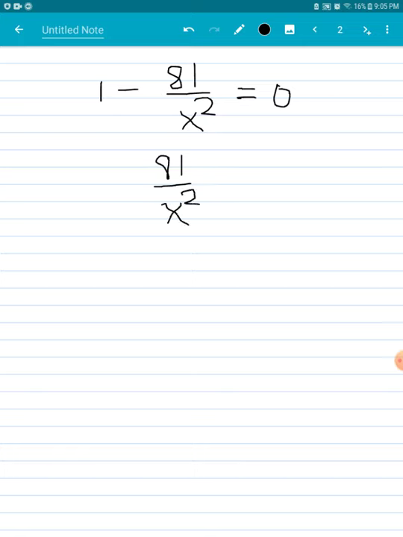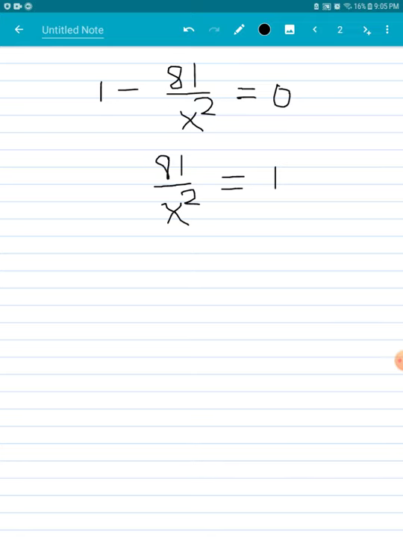So 1 minus 81 over x squared equals 0. Transposition gives 81 over x squared equals 1.